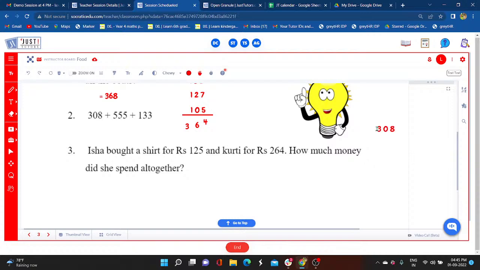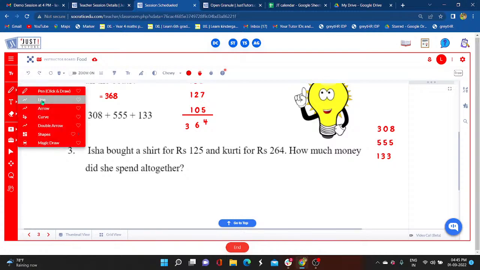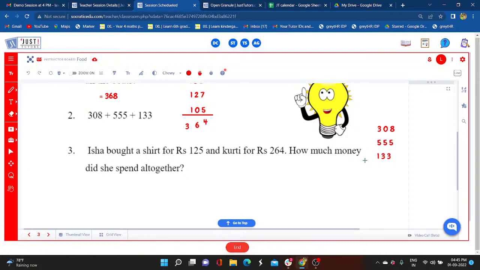308 add 555 add 133. Now I will try adding these 3 numbers.